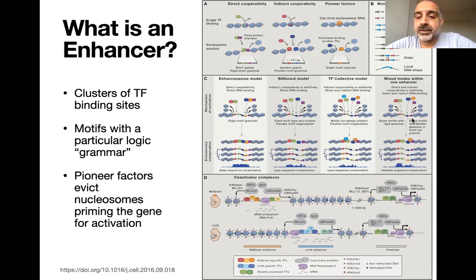As I mentioned, the important thing as well is the eviction of nucleosomes, so opening up the chromatin so that it can access particular transcription factors. So there are a group of transcription factors called pioneer factors, whose job it is to prime an enhancer for gene activation.